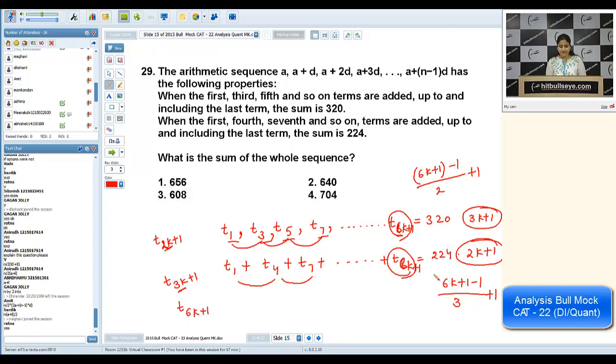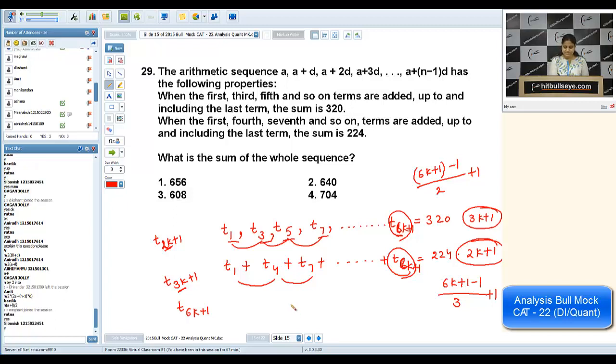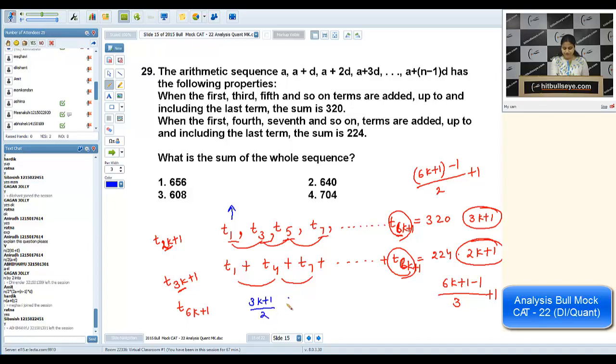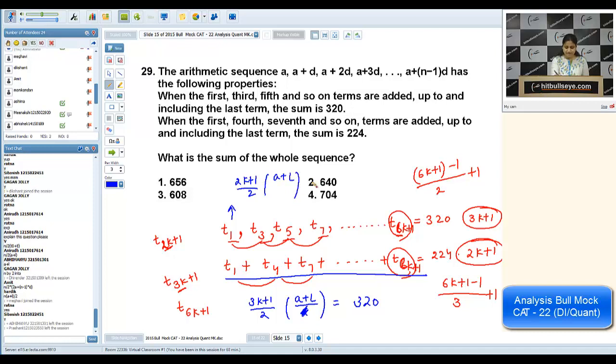Now you can apply the sum of terms formula. What is the sum of terms formula that you gave me? If I take the very first series, it will be the number of terms divided by 2, first term plus last term. Sorry, it is given as 320. One more thing, for this I'll write here, it will be 2k plus 1 divided by 2 into a plus l is equal to, this is given as 224.